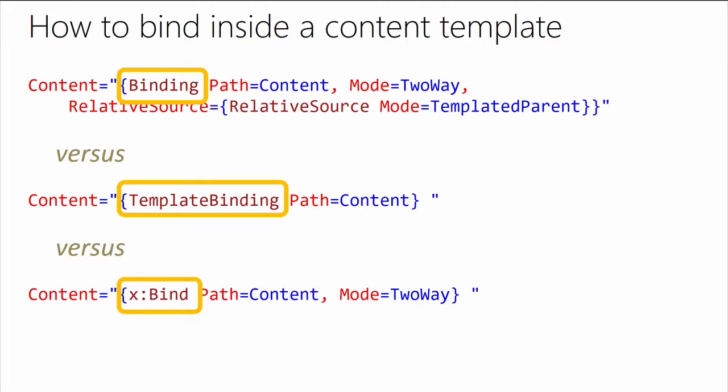Which one would you choose, though? Well, there's only one difference between them. That is that mode equals 2-way is set for binding. That allows, if it's written into, this is an unusual scenario, but if it were to be written into and updated somehow by the presenter, it would also update the button implementation as well because it's 2-way binding, not just reading from the button, but also writing back to the button.